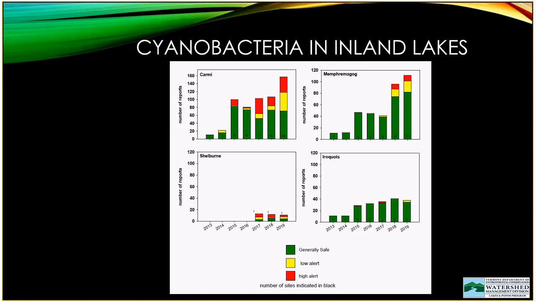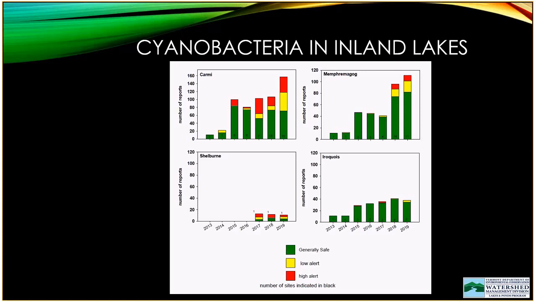On inland lakes, we have some where volunteers have been monitoring for several years now, and we can look at similar patterns. On Lake Carmi, a high nutrient lake in northwestern Vermont, cyanobacteria blooms are a common thing. You can see that each year there's a significant number of cyanobacteria blooms reported from that lake.